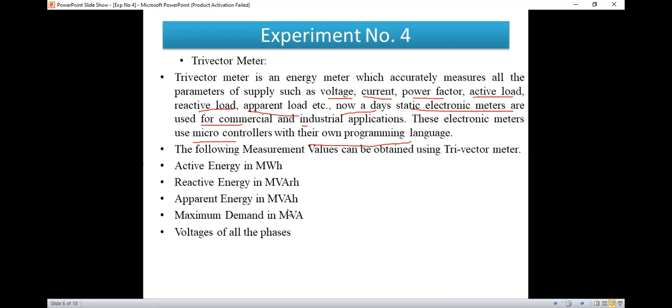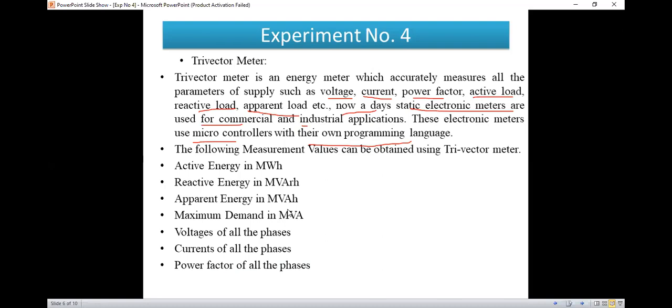Then the voltage of all the phases can be measured by using this tri-vector meter, and these are now recently equipped with a microcontroller. The current of all the phases is also measured, and the power factor of all the phases is also measured by using the tri-vector meter.